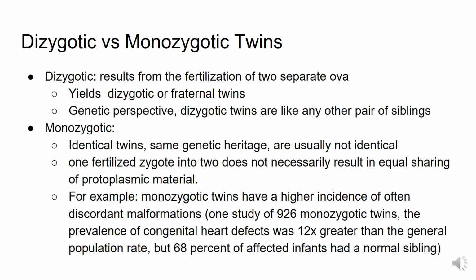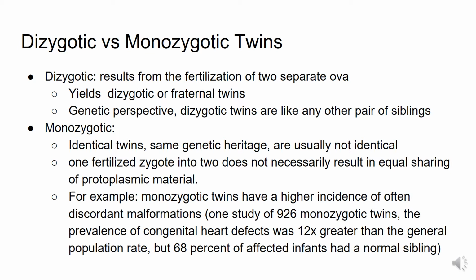This is kind of a cute example that exemplifies that. It was a study that showed 926 monozygotic twins looking at the prevalence of congenital heart defects. It was 12 times greater than the general population rate in this particular cohort, but 68%, so more than half, of the infants had a normal sibling.